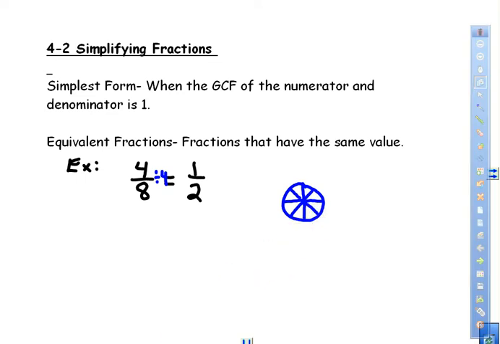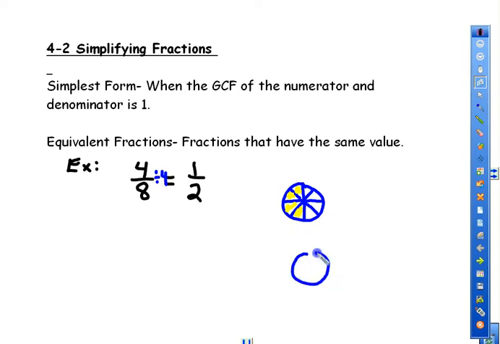If we did this and then go in here and shade in 4 of them, you can see that it still equals half. 4 out of a possible 8 slices of pizza will give you the same ratio as 1 whole. Sorry about that. Should have probably made another diagram in doing so to make it a little more clear.